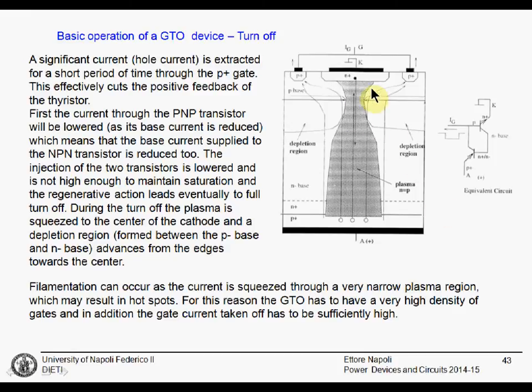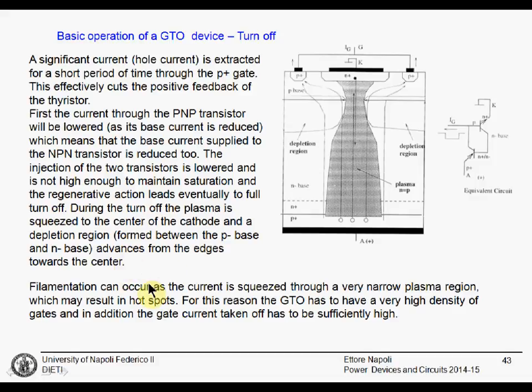During the turn-off, however, the plasma is squeezed into the center of the cathode, because we are extracting plasma from here and from here, and from here. And this means that here we have depletion regions that start to develop, while in the middle of the cathode there is still plasma. In this case, we need to be careful.